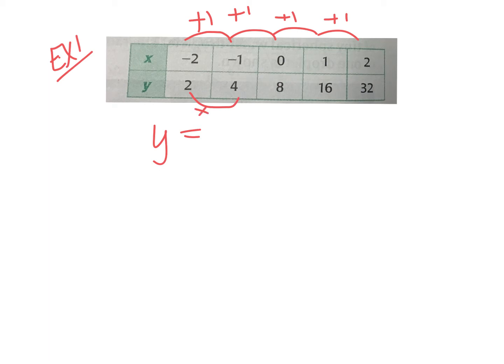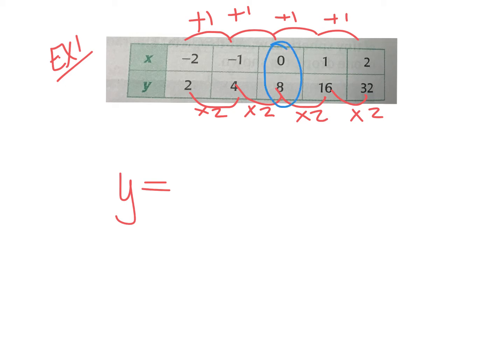What changes from here to here? You're multiplying. Times 2. 4 times 2 is 8. 8 times 2 is 16. 16 times 2 is 32. So can we write a rule here? y equals, what is our y-intercept? Where does it cross at 0, and the y-intercept is 8, right?